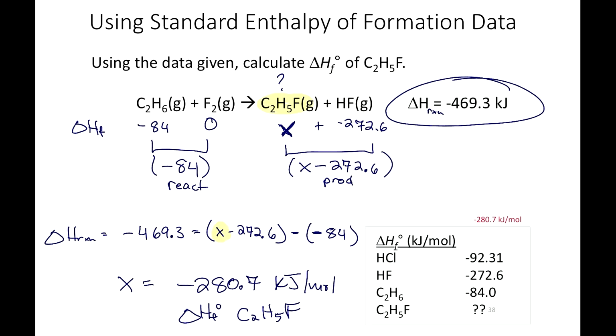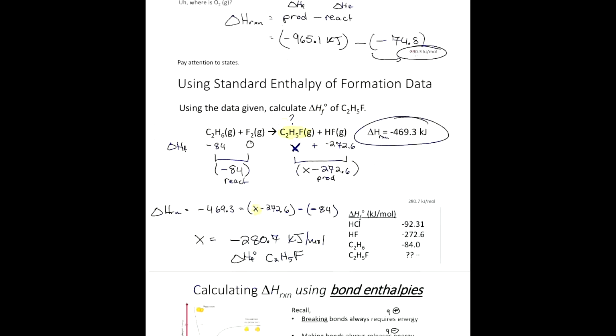It's just that I gave you a different variable to solve for. So that's how we can use enthalpy values. As long as I give you formation values, you can use products minus reactants to calculate the total enthalpy of your reaction.